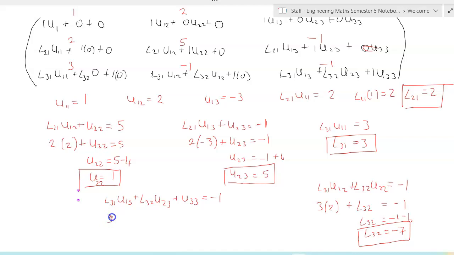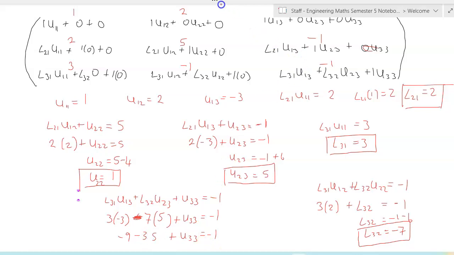U13 is equal to -3, plus L32 is -7. U23 is 5, times 5, plus U33 equals -1. So that is -9 minus 35 plus U33 equals -1. That's -44.